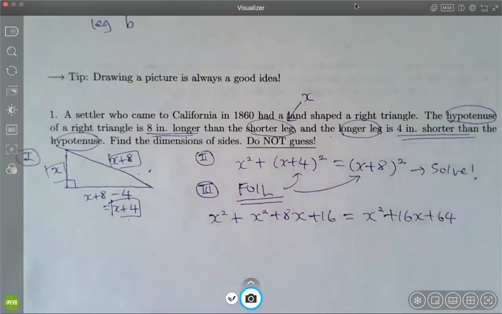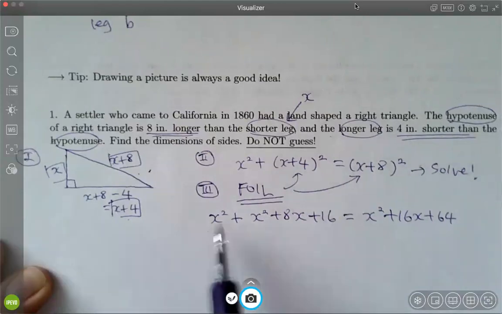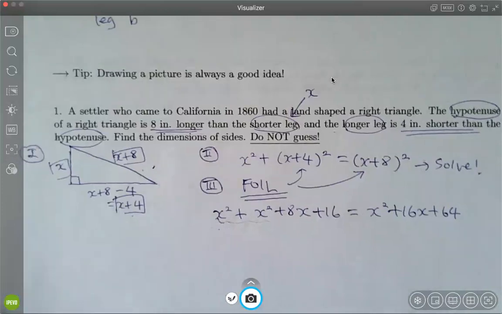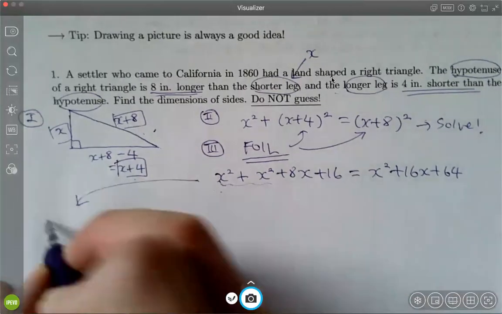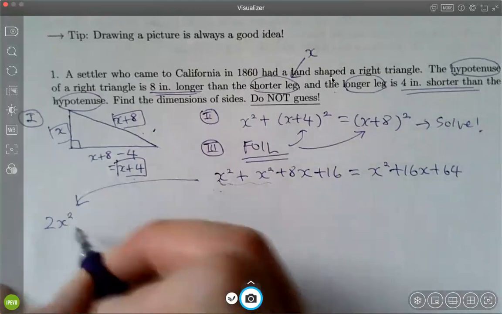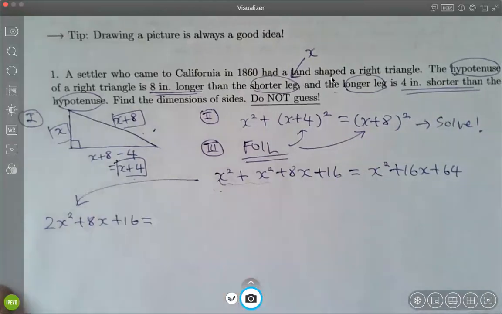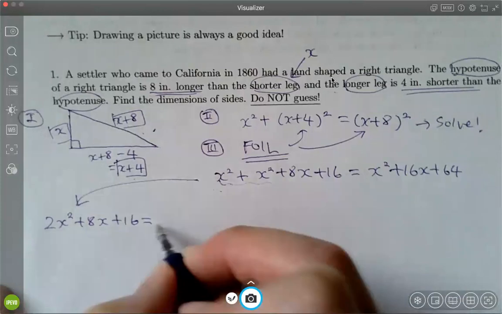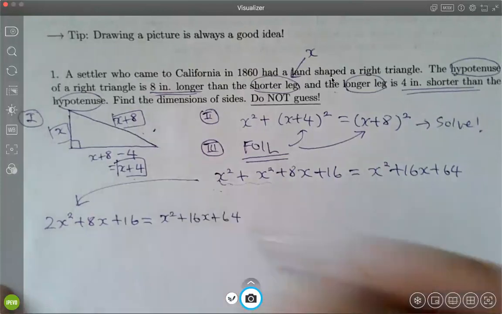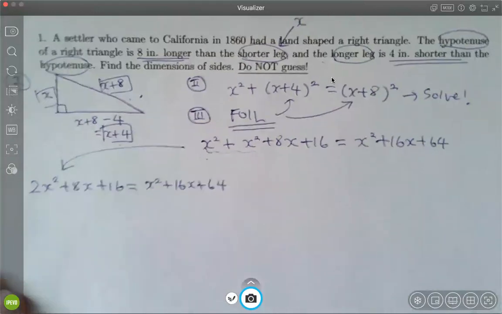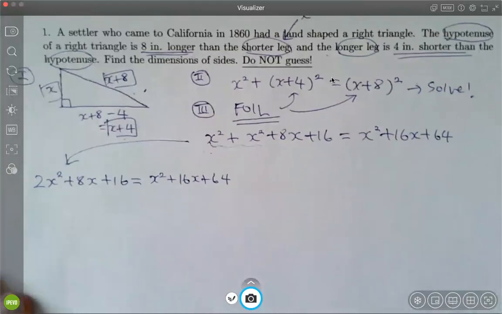And now what do we do? We can combine like terms. So we have 2x squared plus 8x plus 16 is equal to x squared plus 16x plus 64. You see that?